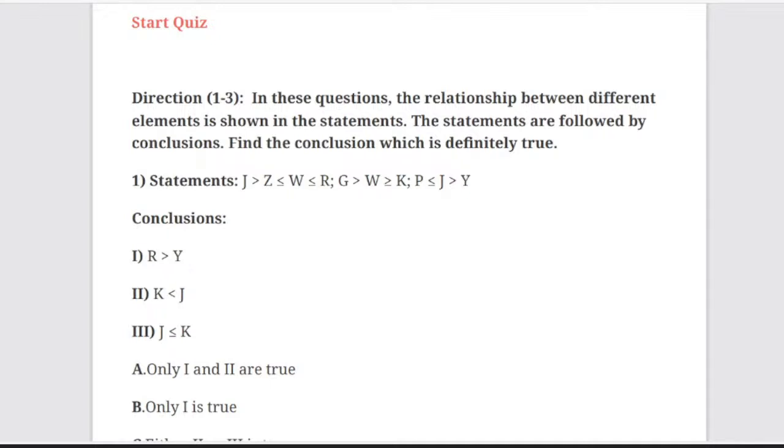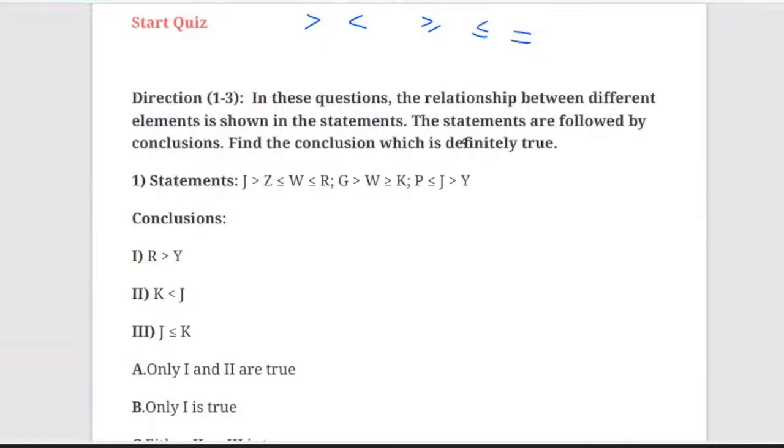Okay, we will begin our topic now. Inequality. Inequality, basically what we have studied till now. Various times we have seen this type of symbol.